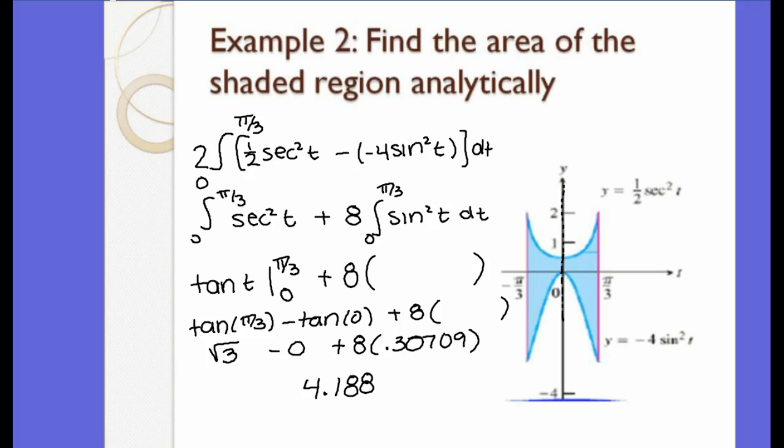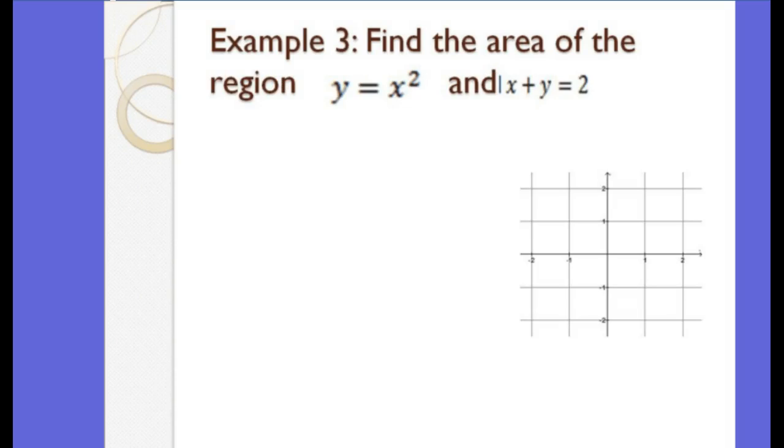Okay, if you want, you can start to sketch the graph on the next page. Find the area of the region y equals x squared and x plus y equals 2. So x squared goes through 0, 0, 1, 1, negative 1, 1, and 2, 4.